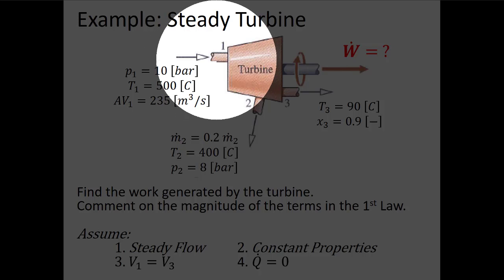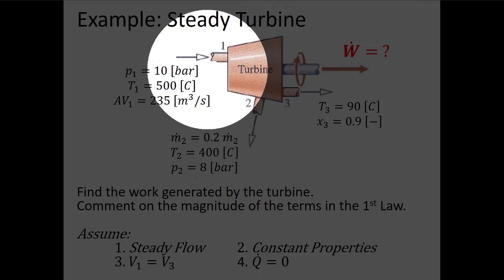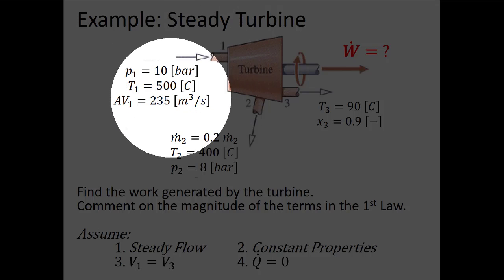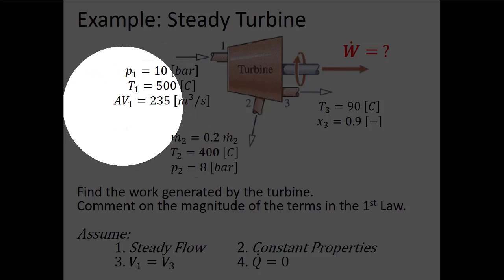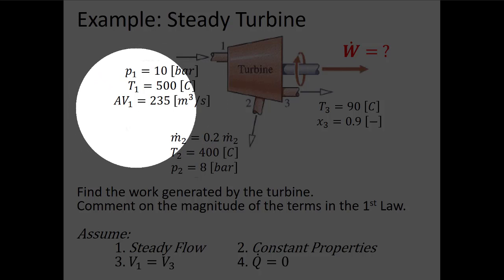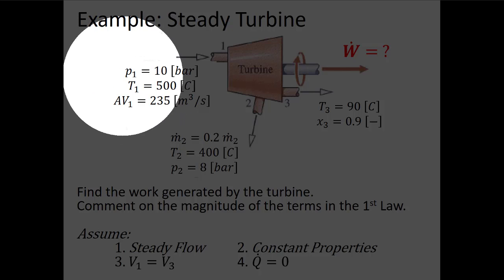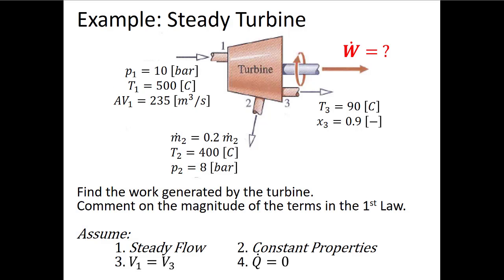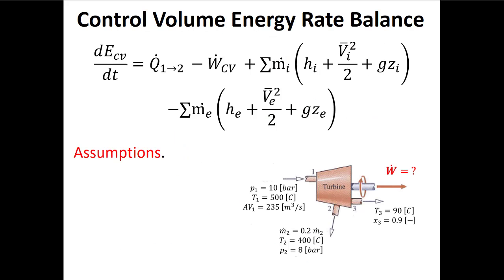What this means when we assume constant properties is that all the fluid that's coming in here at state 1 has a particular pressure and temperature and volumetric flow rate. So this is like we're taking the average velocity here, the average temperature, and the average pressure. And that would be true not just at the inlet, but at the two outlets. So here we're going to start with our conservation of energy or our first law equation. We're going to assume that the system is at steady state.